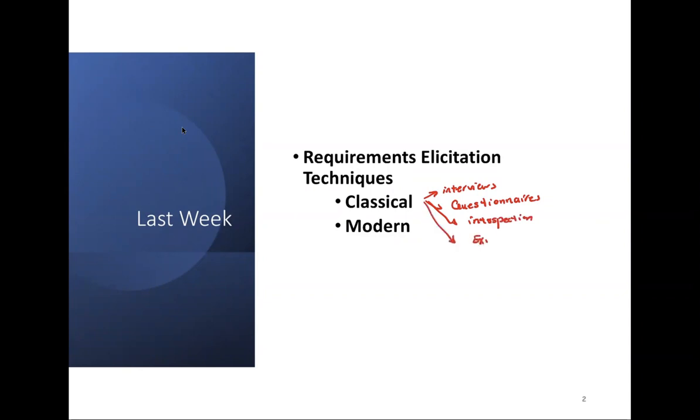So we call it existing systems analysis, which also includes document analysis and, of course, observation and social analysis.